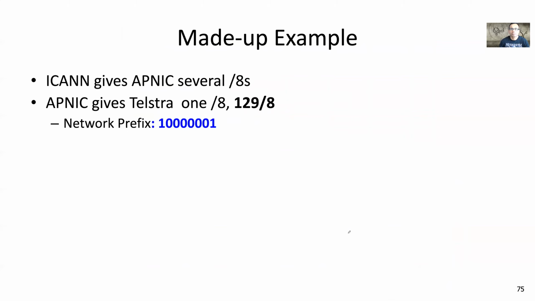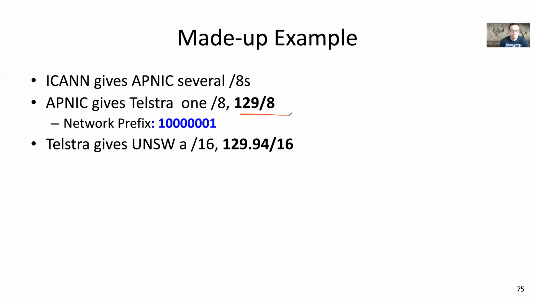So this is again walking you through a made up example. This is not a true example. So let's say ICANN gives APNIC several /8 addresses. APNIC gives Telstra one specific block of /8. And then say Telstra gives UNSW a sub block within that, say a /16.